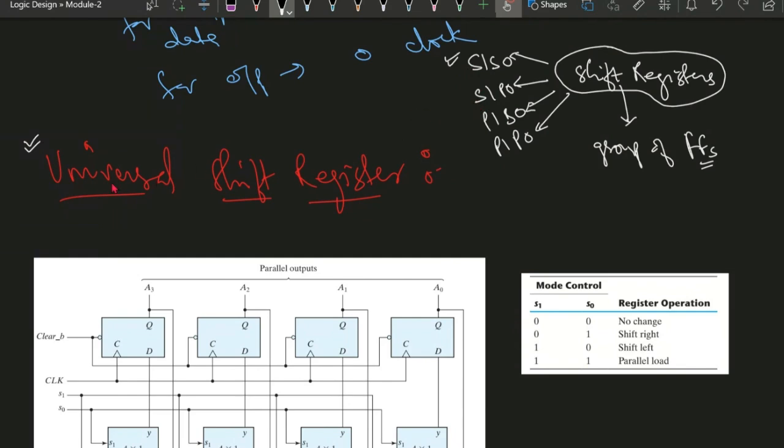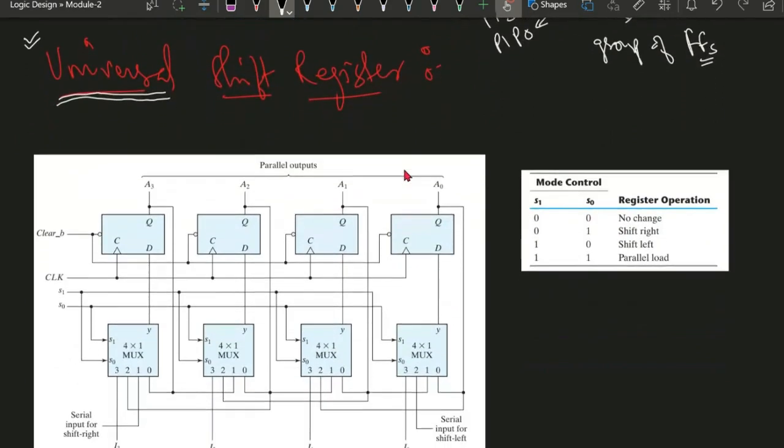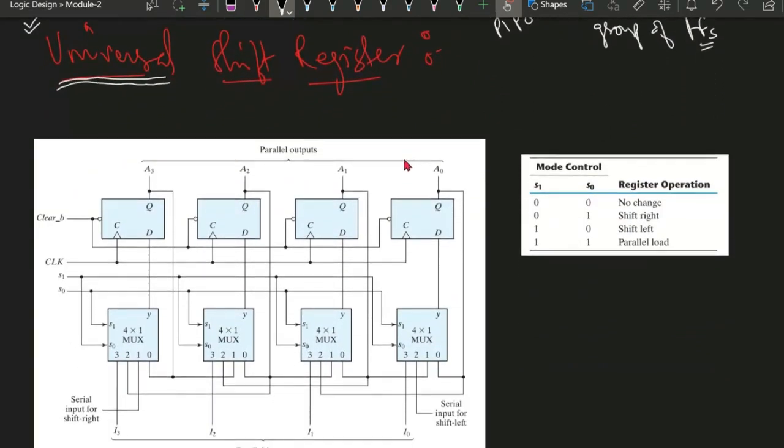That's why it is called the universal shift register. So the universal shift register will constitute all the four categories of shift registers, that is SISO, SIPO, PISO, and PIPO. The structure of the universal shift register is given here.